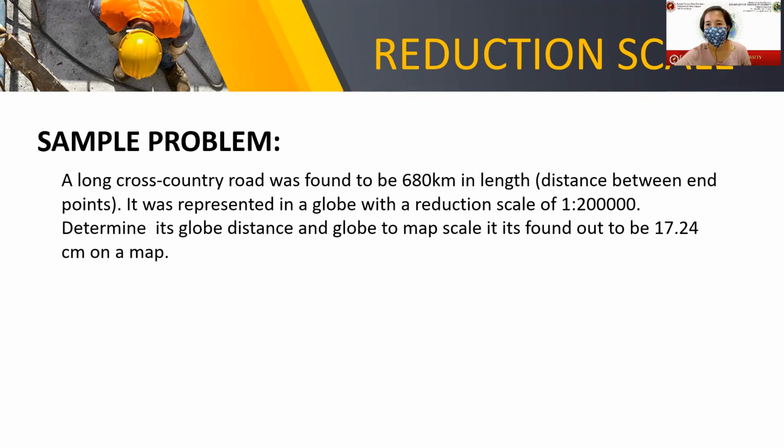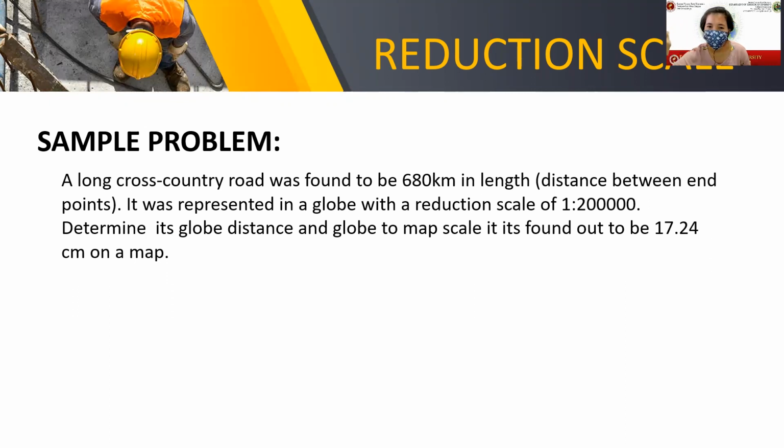We don't know the circumference of that globe. The actual 680 kilometers is being projected on a certain object, which is the globe, in this scale of 1:200,000. Now, determine its globe distance. That is how small it looks on the globe.